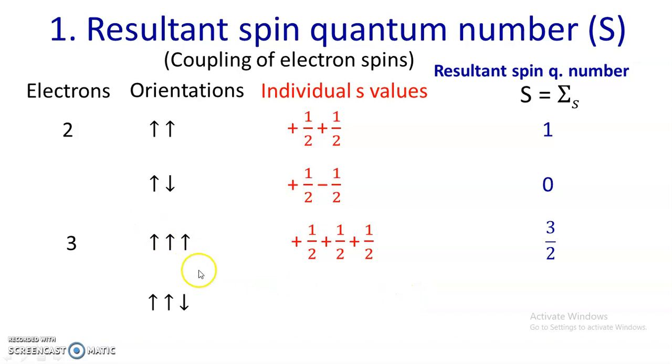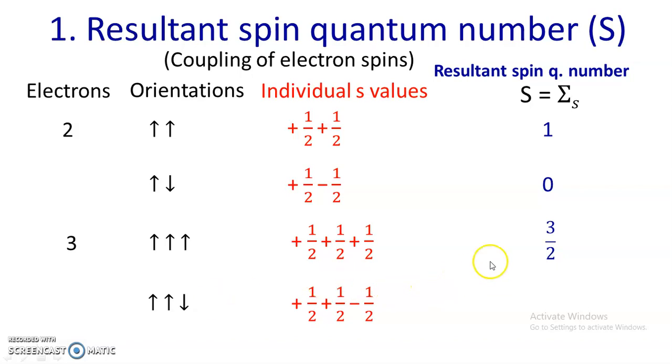Now another orientation for 3 electrons is 2 electrons spinning in the clockwise direction, whereas the third electron spins along the anti-clockwise direction. For such an orientation, the individual S values are plus half for the 2 electrons spinning in the clockwise direction, and minus half for the third electron, which spins along the anti-clockwise direction.